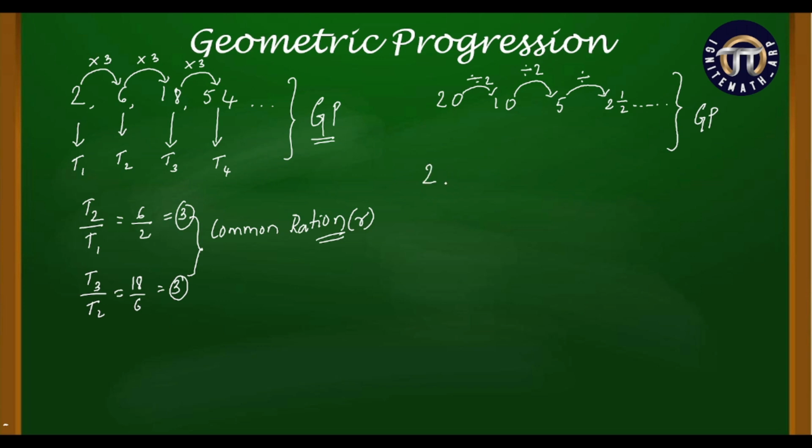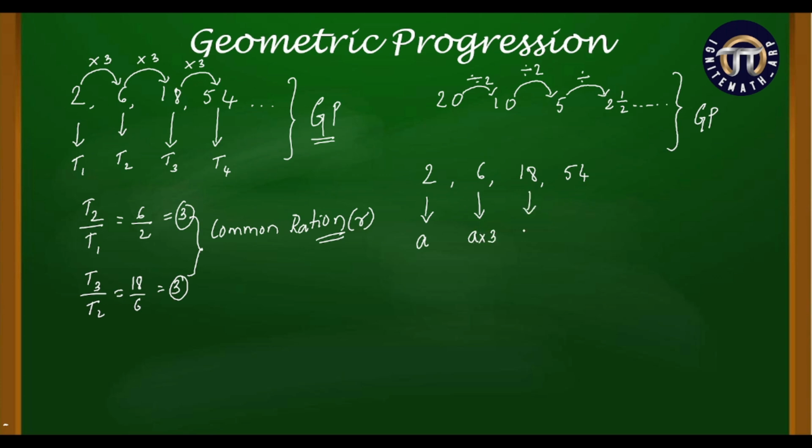I'll just take this as a reference GP, whatever I have written over here. So 2, 6, 18 and 54. See, the first term is also called A, right? Second term, look at this very carefully. When I multiply this A with 3, I'll get the second term.